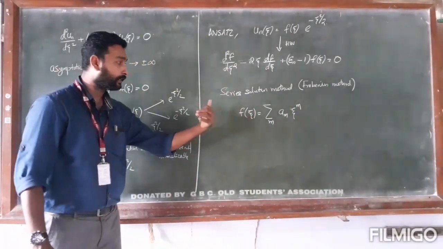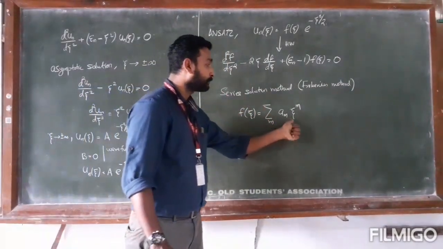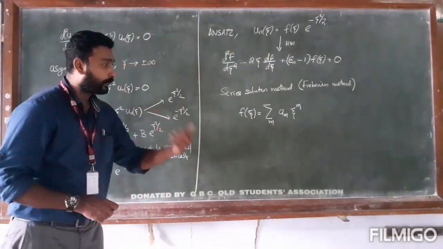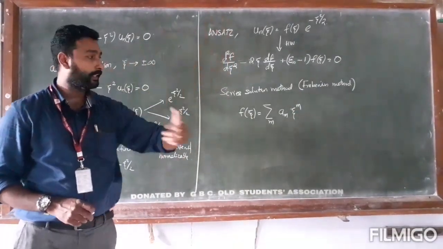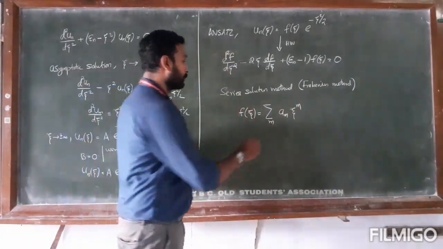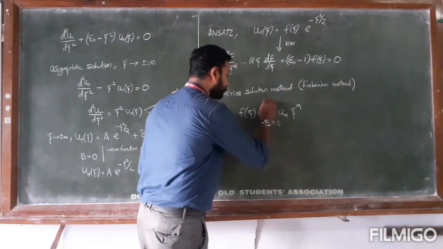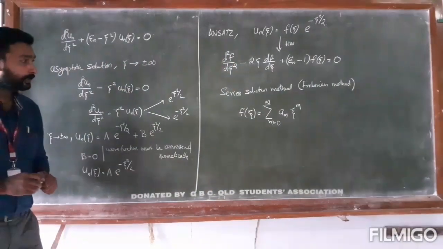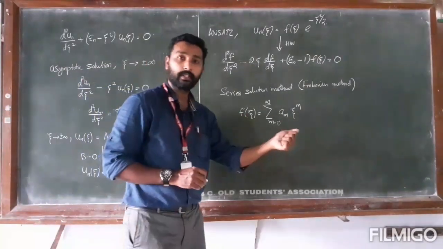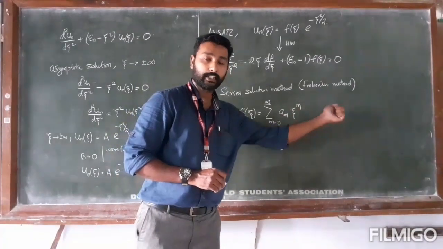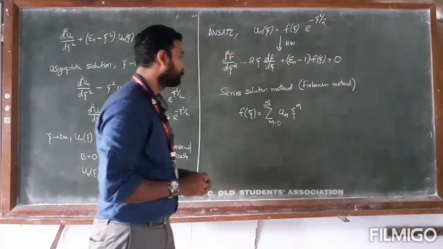Any function f of theta can be expanded in terms of the powers of theta: theta raised to 1, theta raised to 2, theta raised to 3, and so on, with some expansion coefficients a0, a1, a2, with m running from 0 to infinity. For m equal to 0, theta raised to 0 would be a constant term, then a theta dependent term, a theta squared term, and so on.